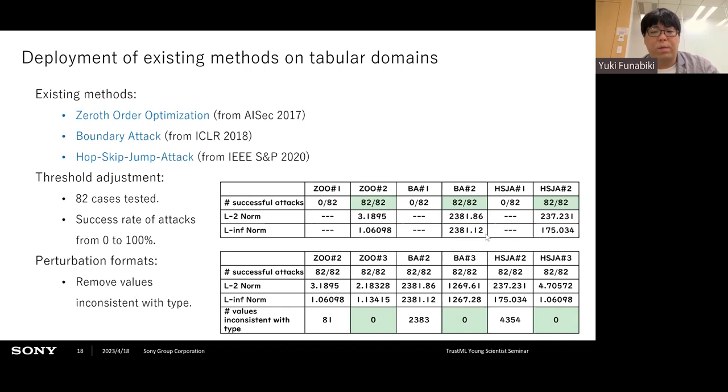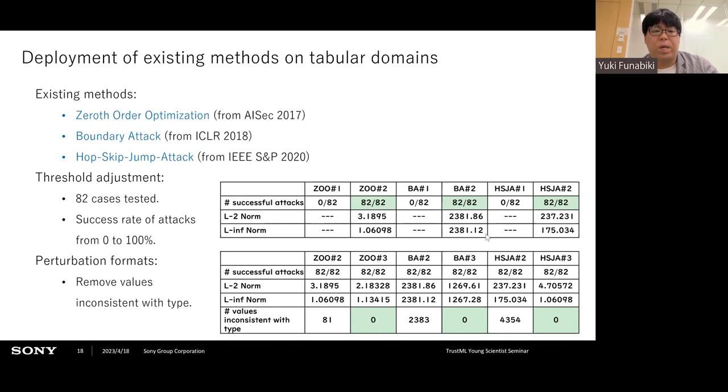We executed our experiment step by step, and there are 5 steps in all. At first, we applied these 3 algorithms with default settings, but it was very difficult to find successful adversarial examples.